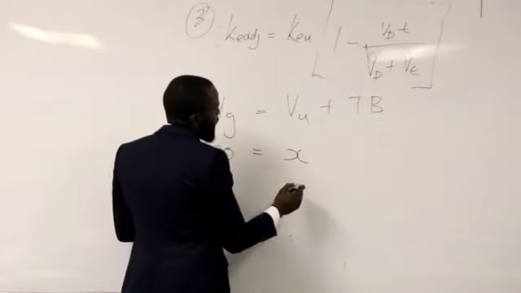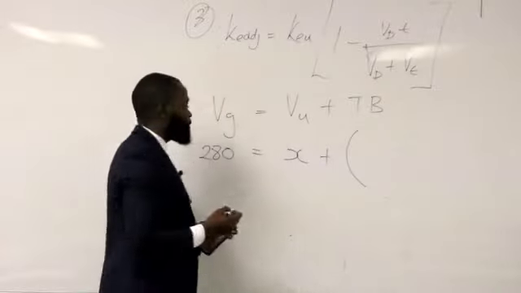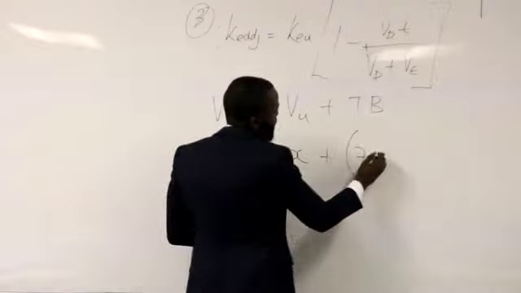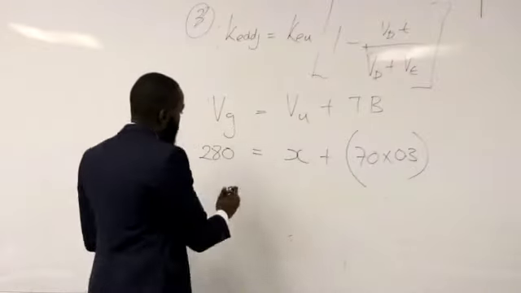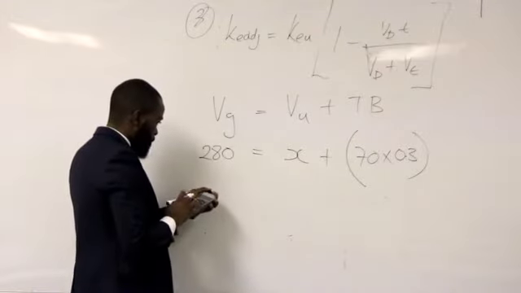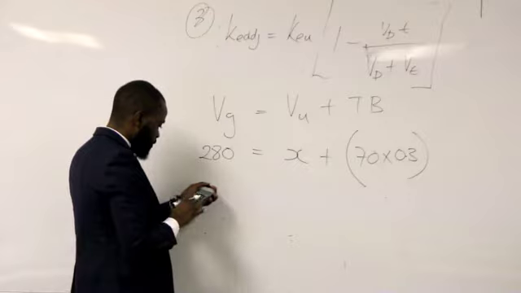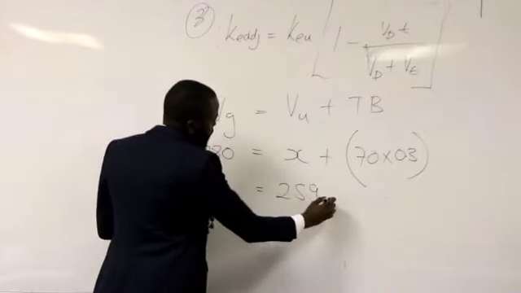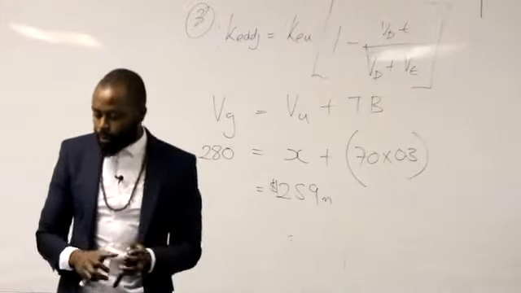The value of an ungeared company is X. The tax shield here was from the debt. The debt was 70 million, so 70 times 0.3. Therefore, we need to determine the X here. So 280 minus that. Well, the value of an ungeared company will be 259 million.